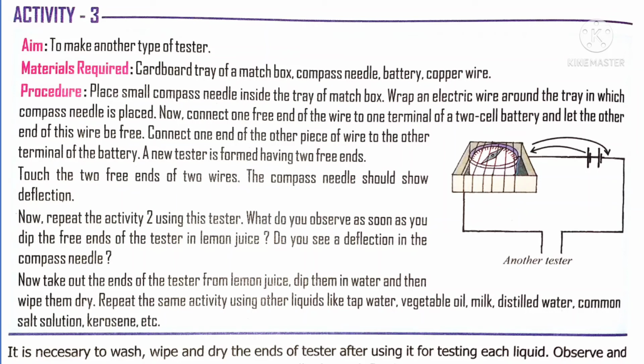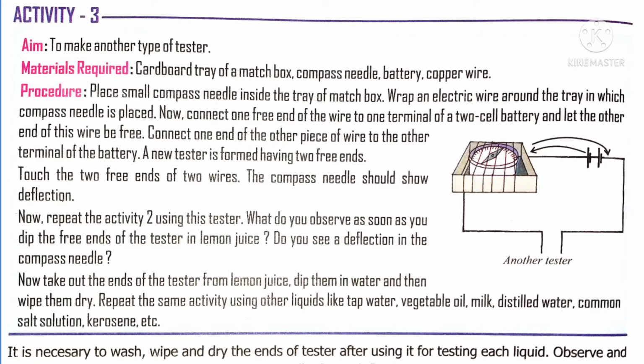Here the materials required are a cardboard tray of a matchbox, compass needle, battery and copper wire. Now you are going to take a matchbox in which you keep a small compass needle, and wrap this box along with the compass needle with electric wire around the tray.